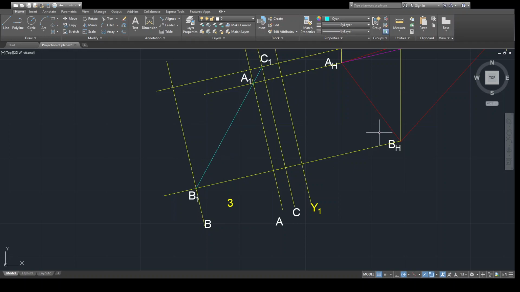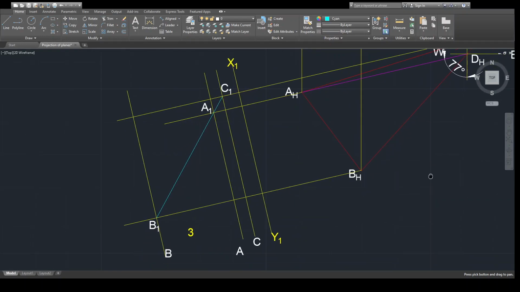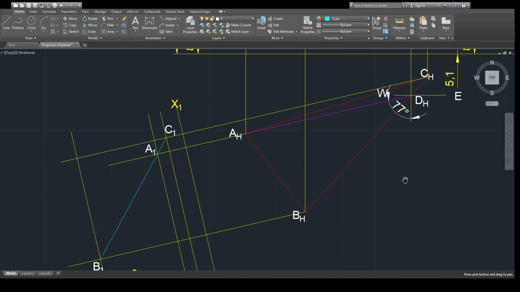So let us join B1, A1 and C1. This line we call the dip line. So how have we drawn the dip line? Yes, you can see, the edge view of this plane is nothing but the dip line.